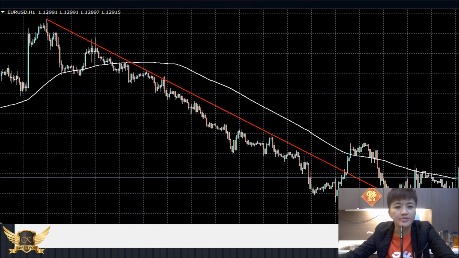Now here's the thing, when it comes to drawing trend lines, how do you know whether you should draw higher lows or lower highs? Now for me, because I like to trade along with the trend, I would draw trend lines for lower highs in a bearish trend. Okay, just like this one.